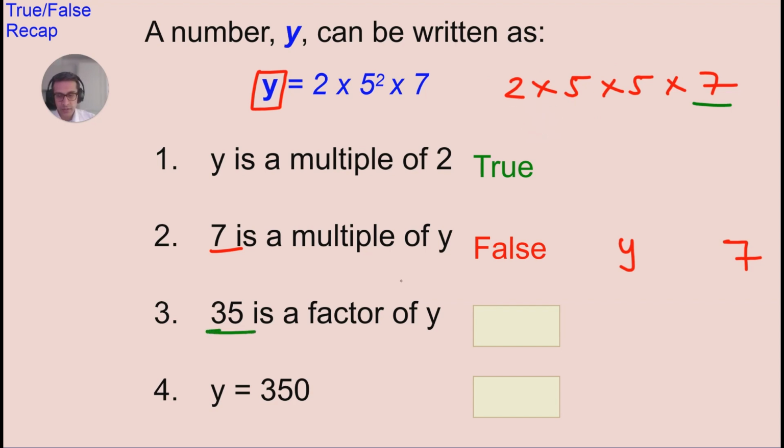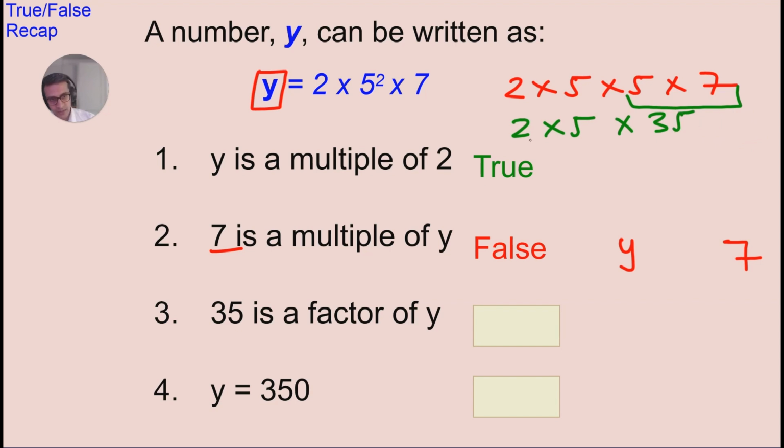Now, is there a way to make 35 from this? So you probably spotted 5 times 7, so that is 35. So yes, 35 is a factor of y, because we can write this number as 2 times 5 times, now this bit here is just 35.